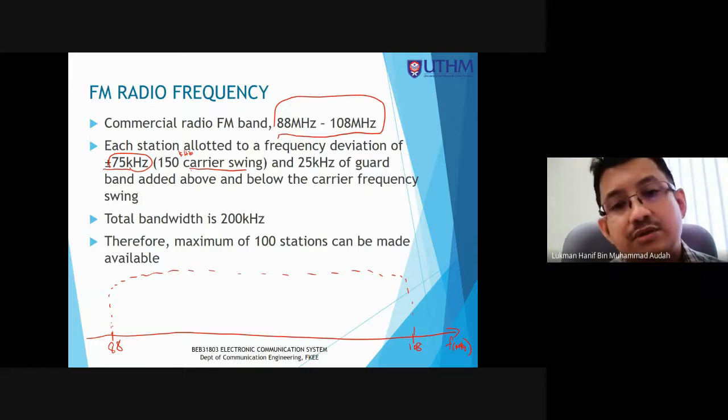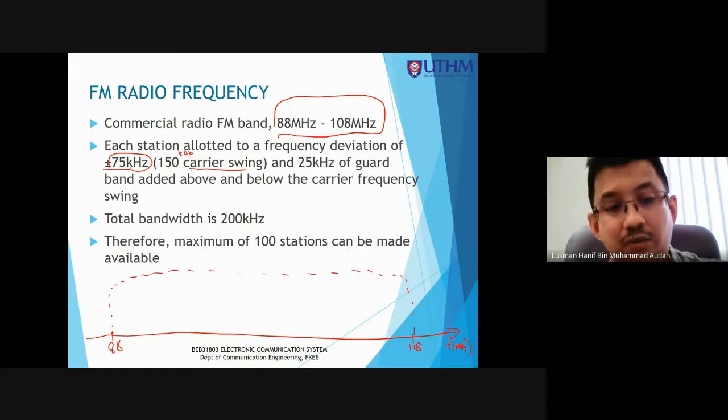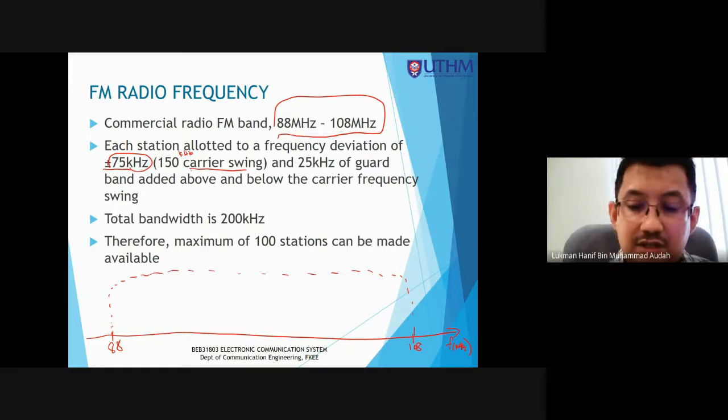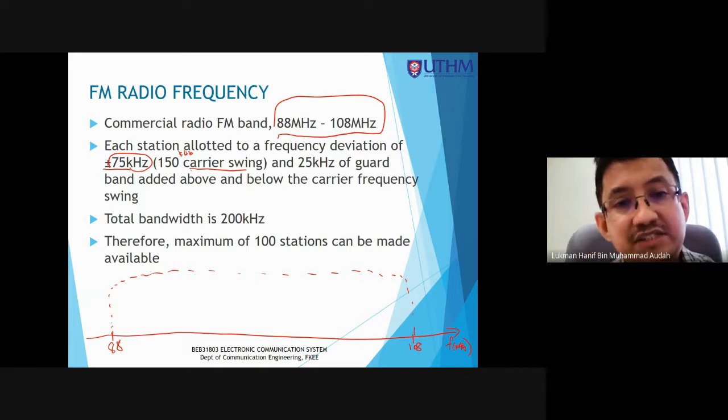Okay, so the question now asks how many radio stations we can allocate in this FM band from 88 until 108. Okay, and given in the standard that the maximum frequency deviation is 75 kHz and a guard band of 25k.